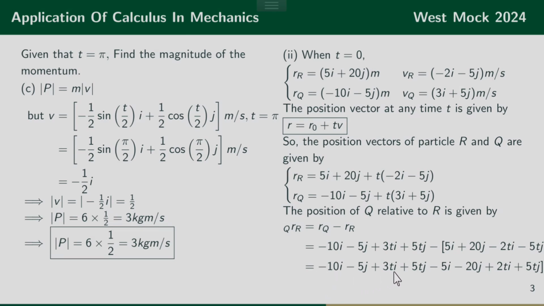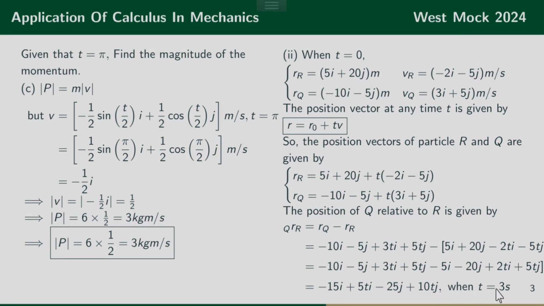So negative 10i minus 5i gives me negative 15i, and positive 3ti plus 2ti gives me plus 5ti. Let me move on to the terms in j. Negative 5j minus 20j gives me negative 25j, and positive 5tj plus 5tj gives me 10tj.